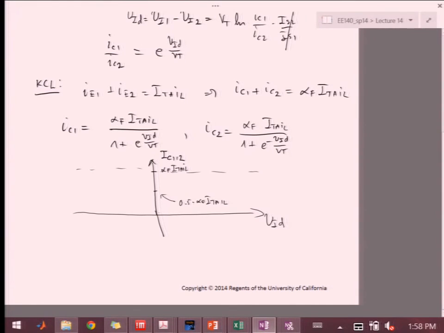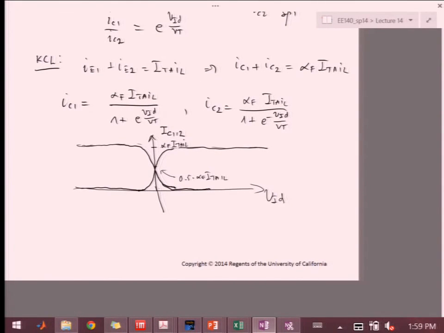And what will happen, as we said, is if VID is very large, one of the two sides will saturate. So you'll hit alpha F I tail here, and then as you're coming down, bad drawing. This is 0. And then another one come this way and hit 0.